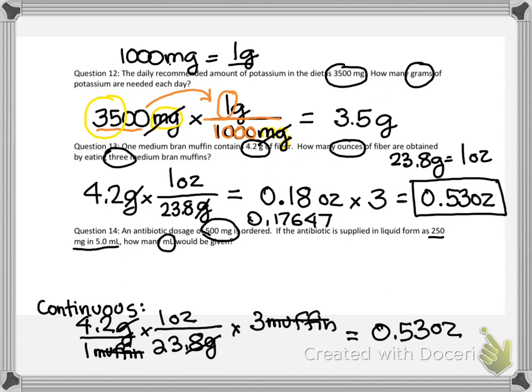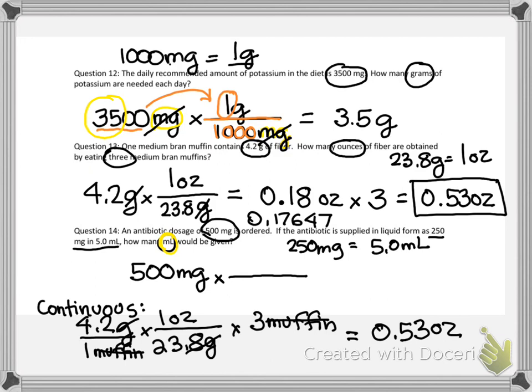Okay, so I have a 500 milligram dose. That's what I'm given. And I want to take that 500 milligrams and change it into milliliters. So in this problem, the question tells me the equality. It tells me that I have 250 milligrams in every 5 milliliters. So that's an equality, and anything that's an equality I can use as a conversion factor.